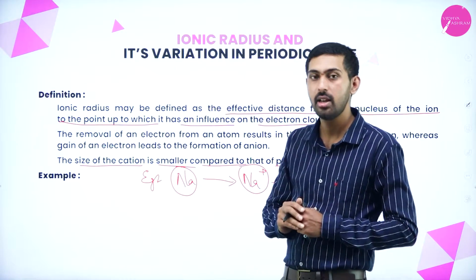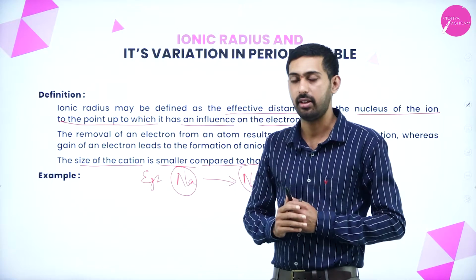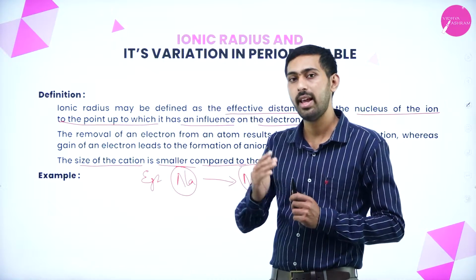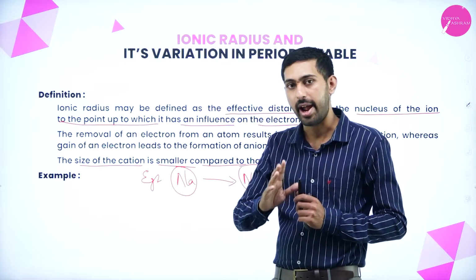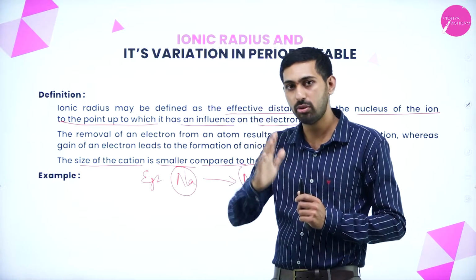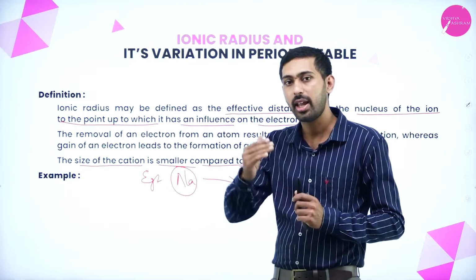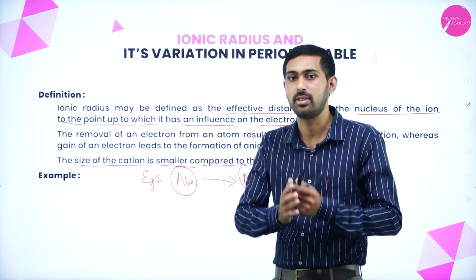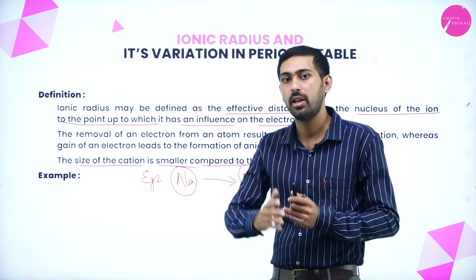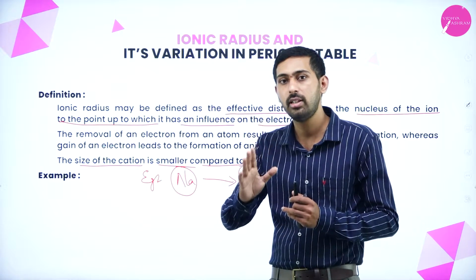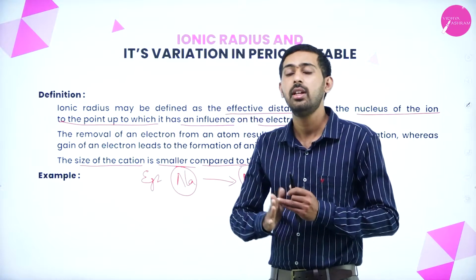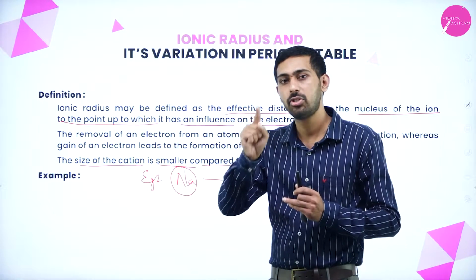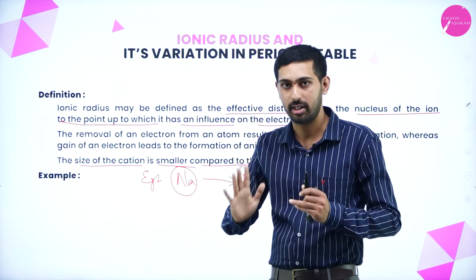First, along the period, what will happen to the ionic radius? The atom loses one electron, and its size decreases. Along the period, electrons are added to the same shell, so ionic radius decreases.